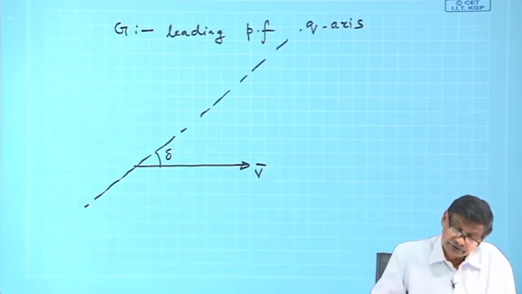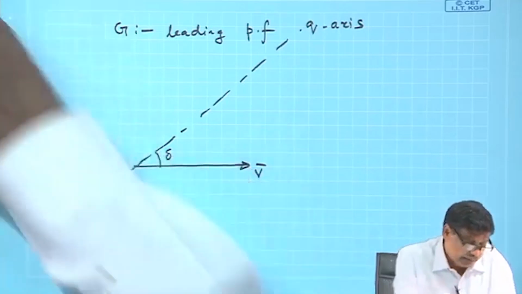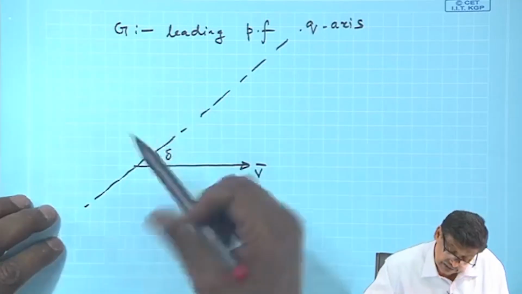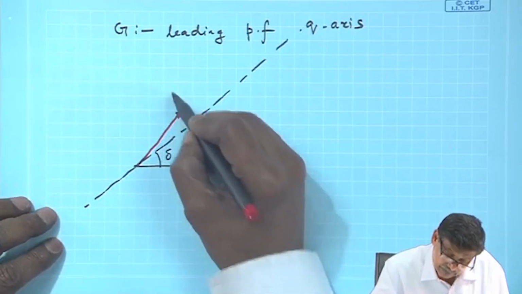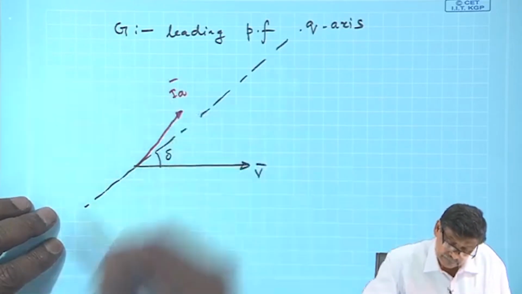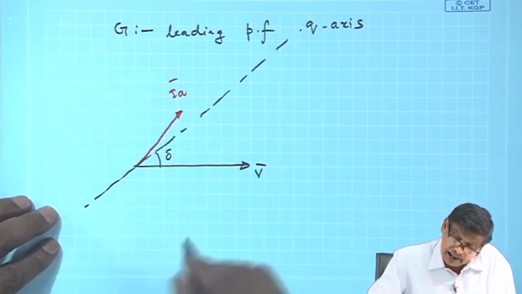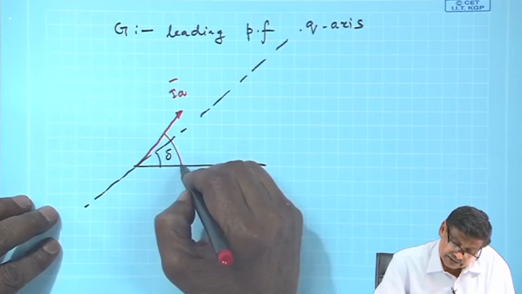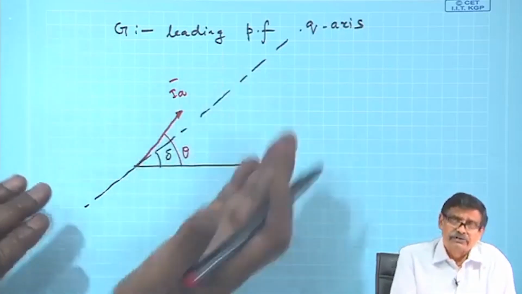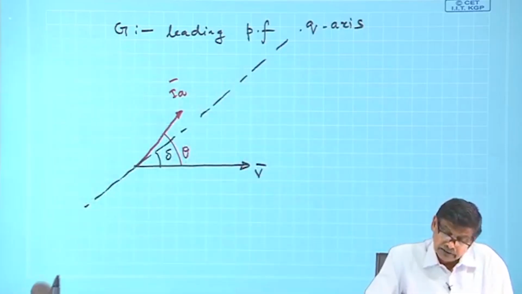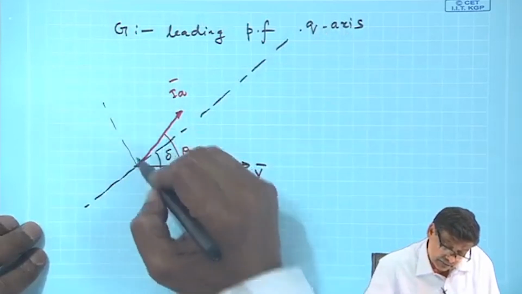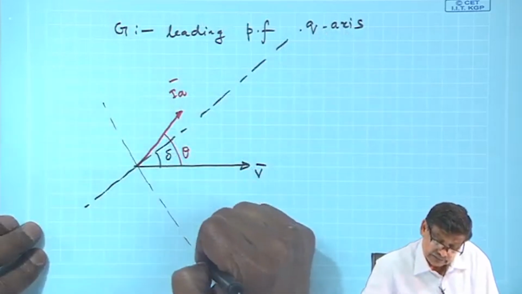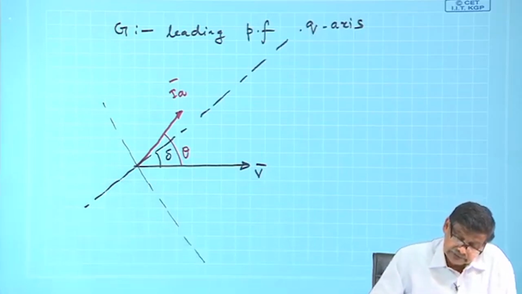So, suppose the armature current is like this, I a, and this is the power factor angle theta. I have just drawn leading, but the moment I got q axis, your d axis will be like this, is it not?